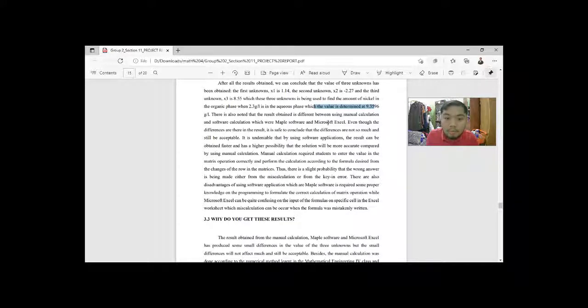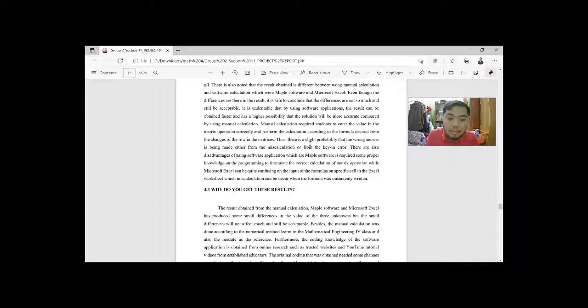From this result, we found an interesting fact: Maple and Excel produce a much faster result and have a higher possibility of getting the correct value than the manual calculation. Maple needs some basic programming knowledge, while Excel may be quite confusing when inputting the formula.